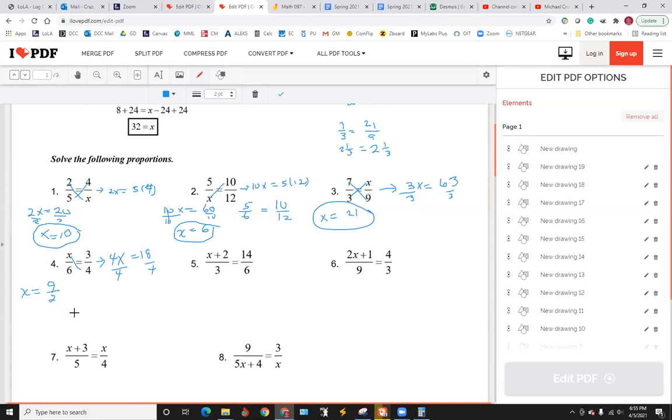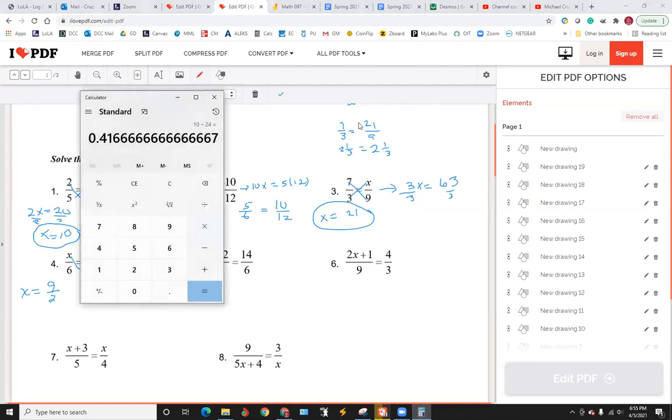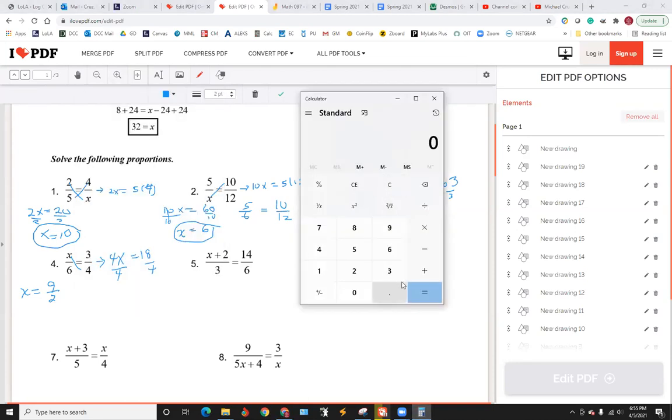X is equal to 9 halves, which is 4.5. All right. So that's 9 halves up there.